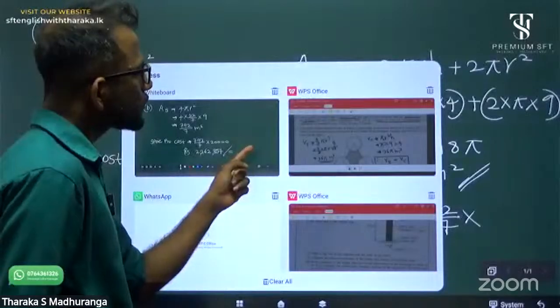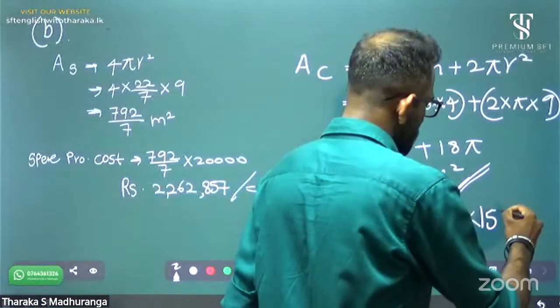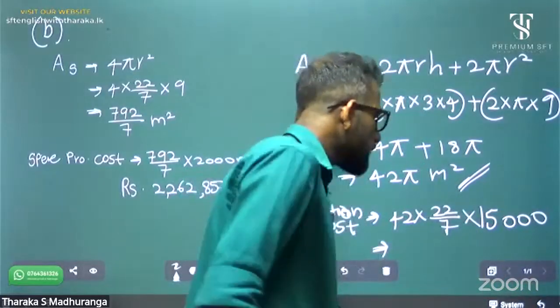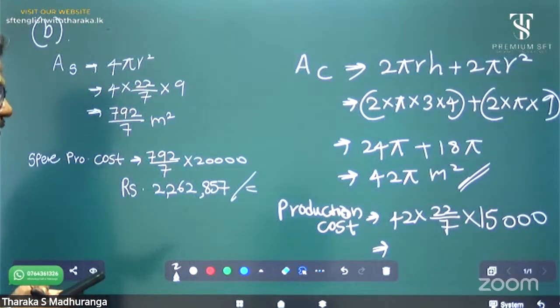The production cost is 15,000. Now you can get the answer: 42 into 22 into 15,000, divided by 7.